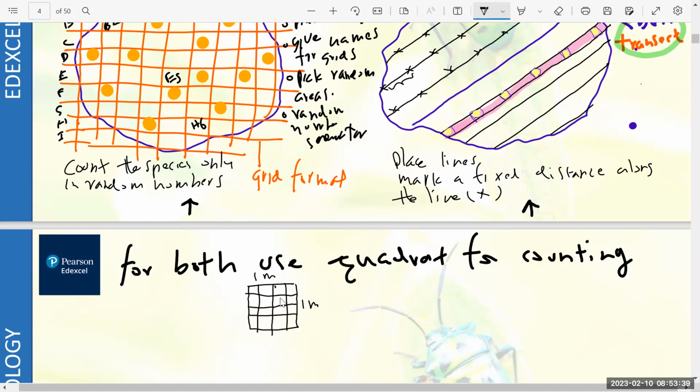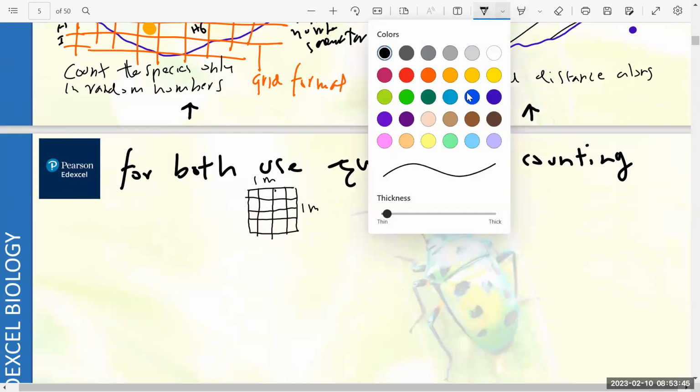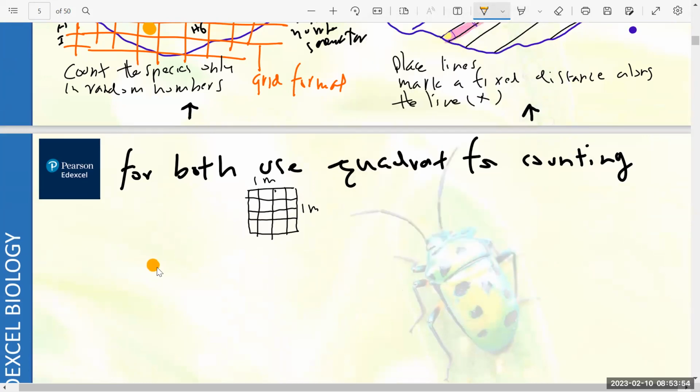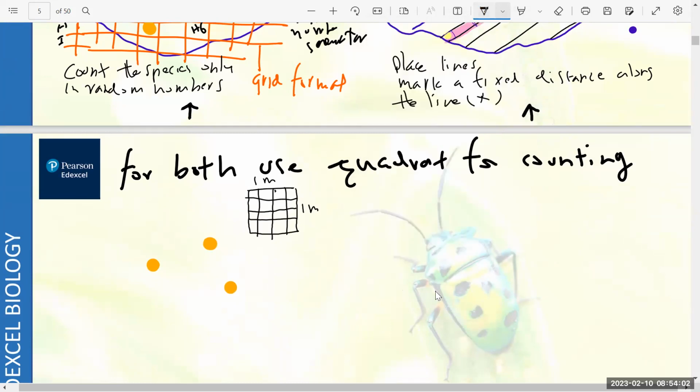So then I take this to the field, right? And for each case, random sampling or belt or line transect. So if my random number is like this, a random sample number example like this, and this, and this. And for line transect or belt transect, it is like this.